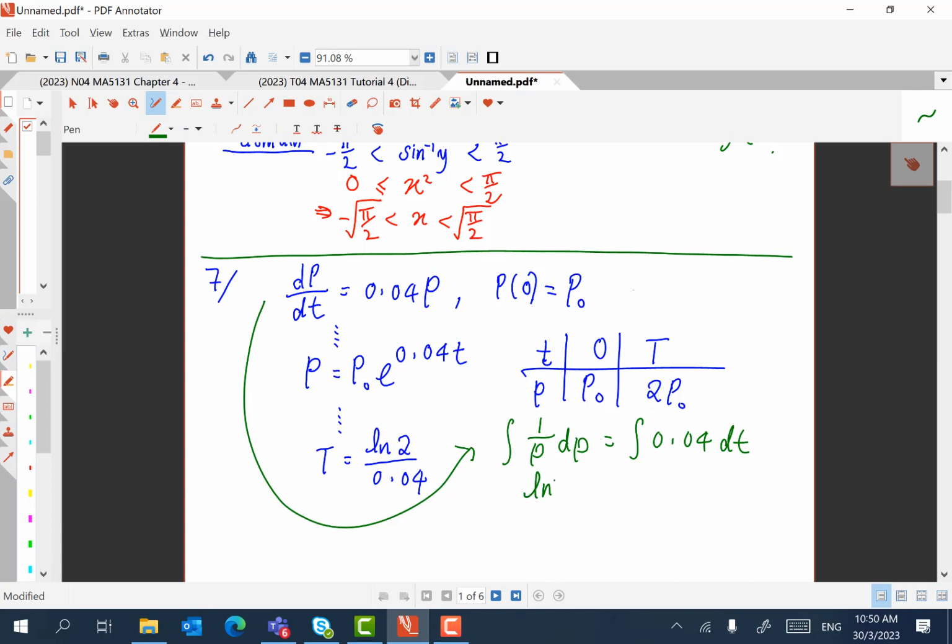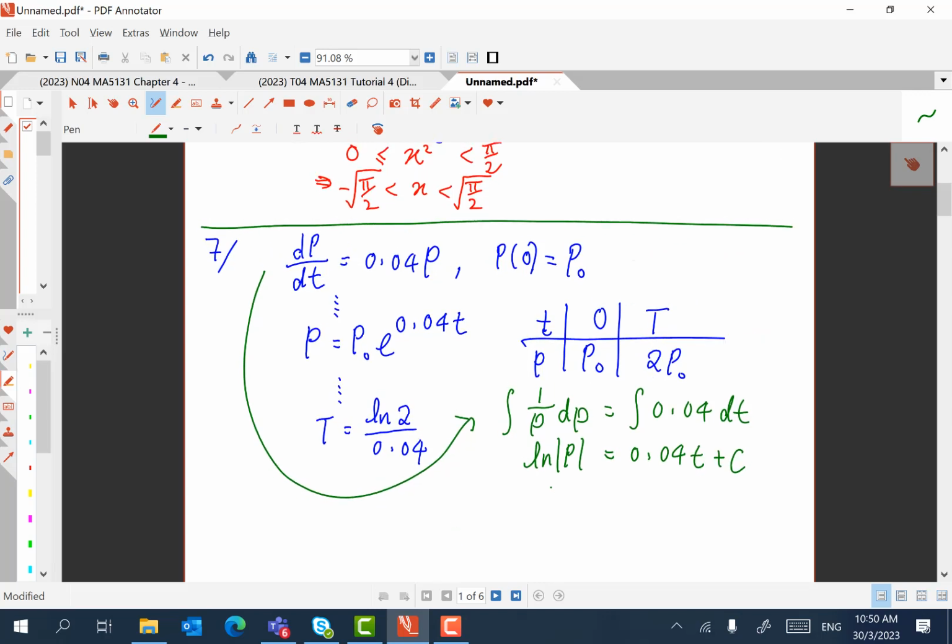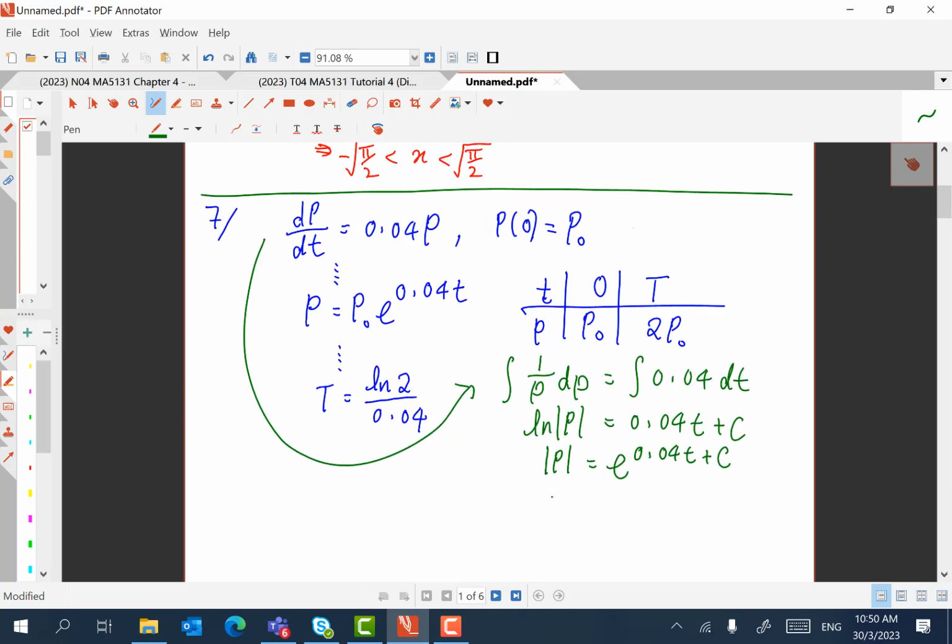This gives you ln of P equals to, and then modulus P equals to plus minus e power of c. So P therefore is equal to A e to the power 0.04 t.